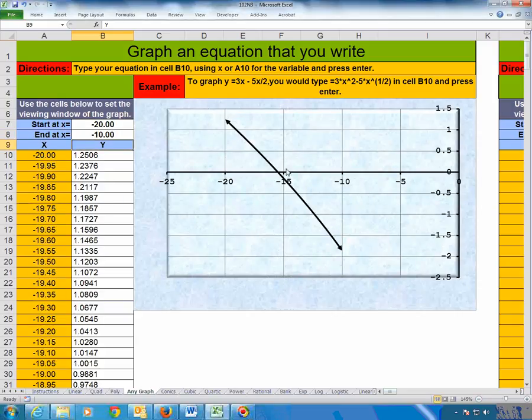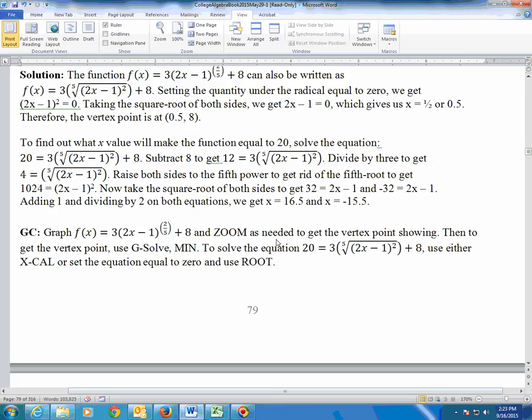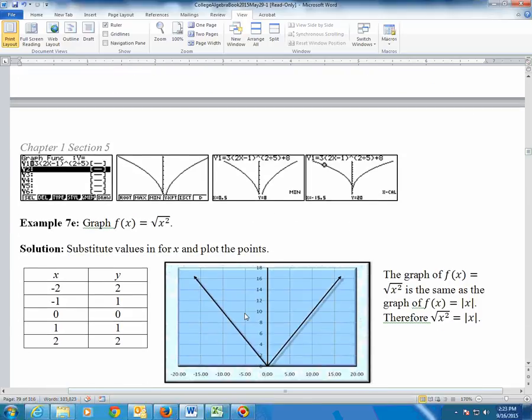And you can zoom in on it and hold the cursor there. It's between negative 16 and negative 15, and here it is, right here in the middle at negative 15.5. And that's what we got when we did it by hand, those two solutions right there. So that will do it with the radicals.